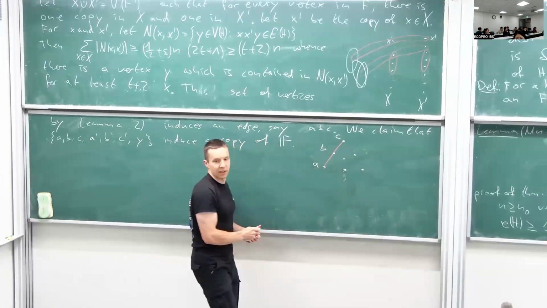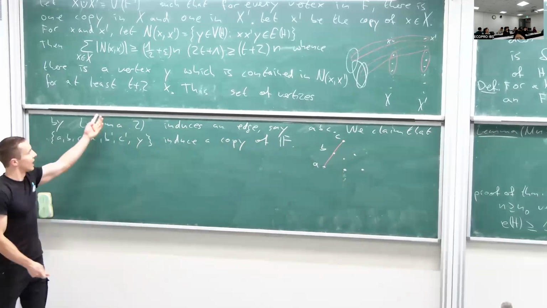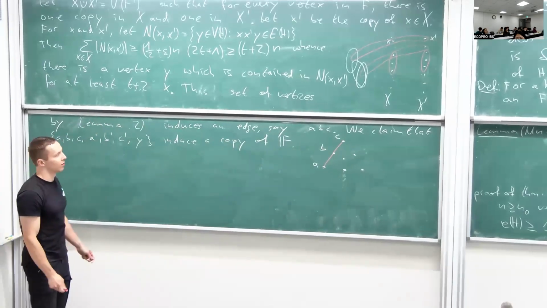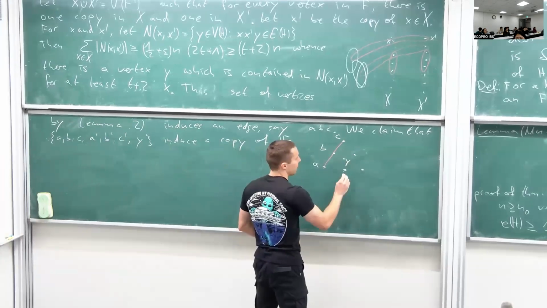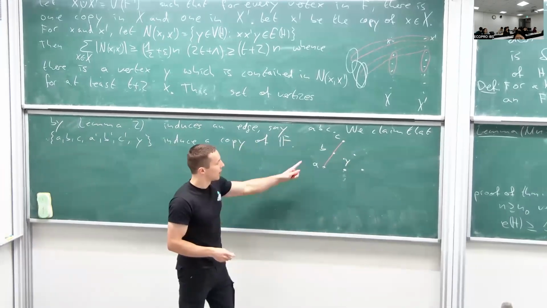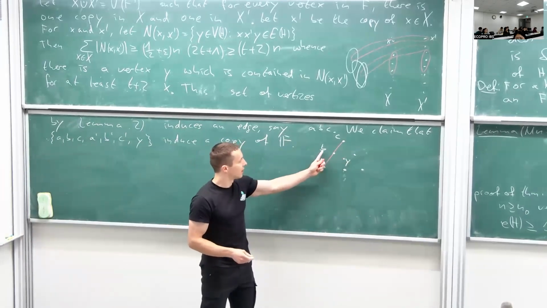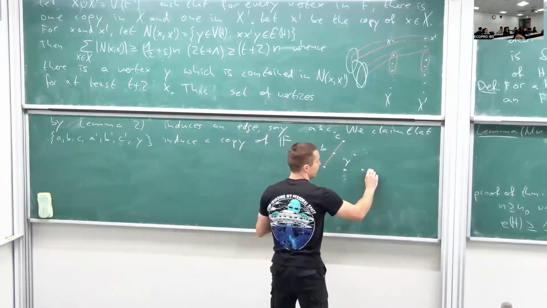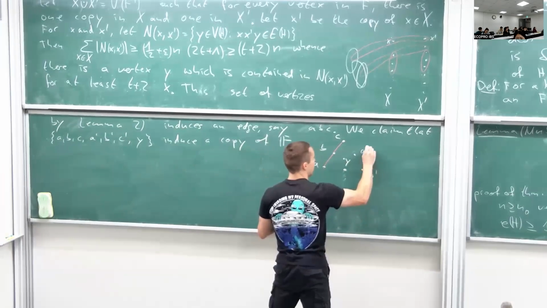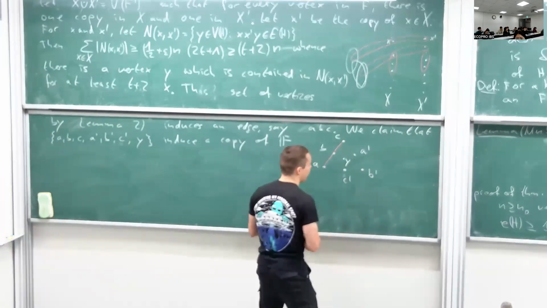We know that we have this edge because that was exactly this edge that was induced. Then let's place Y here, and let's place for each of these its copy opposite with respect to Y. So this is B prime, this is A prime, this is C prime.